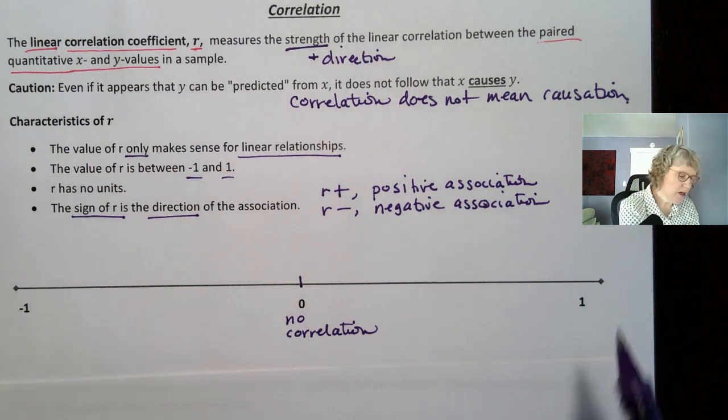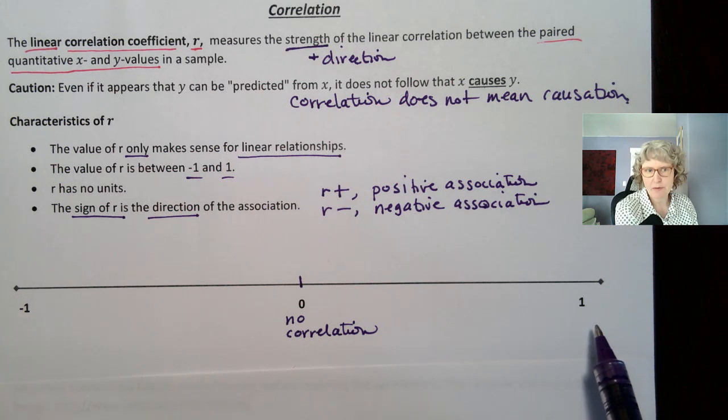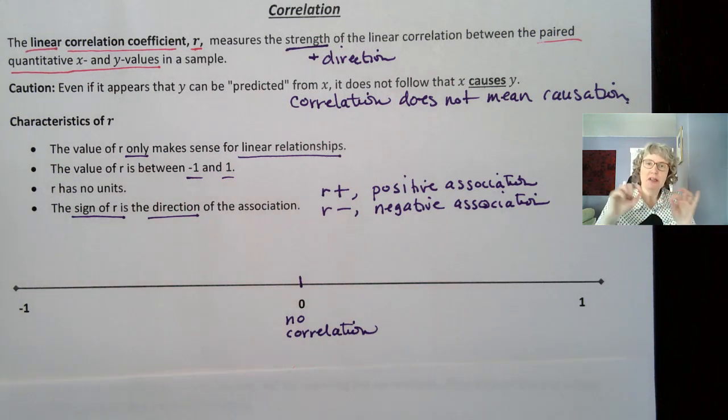Now 1 or -1 would be perfect correlations. If we were to graph something from a linear formula, it would be perfect and you'd get a correlation of 1. This shouldn't happen in real life. Real data shouldn't be exactly perfect, but if something was coming from an actual equation, it would look like a perfect straight line.